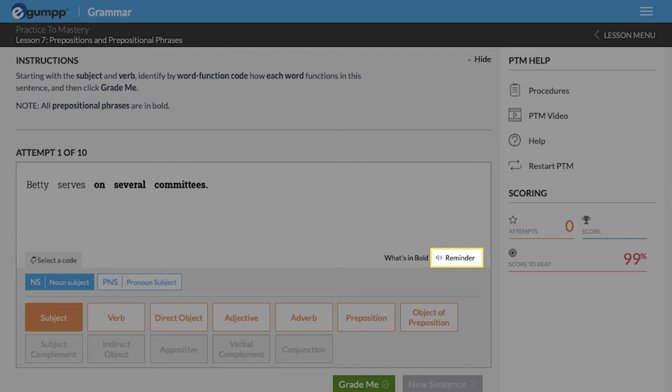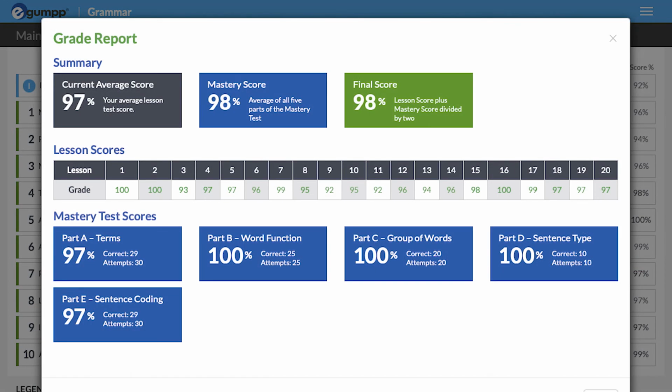Listen to a code reminder when you are not certain what code to use with a word. Attempt a PTM exercise as many times as necessary until you score 91% or higher in each lesson. Always remember that practice to mastery exercises can be attempted as many times as necessary until a desired grade is achieved.